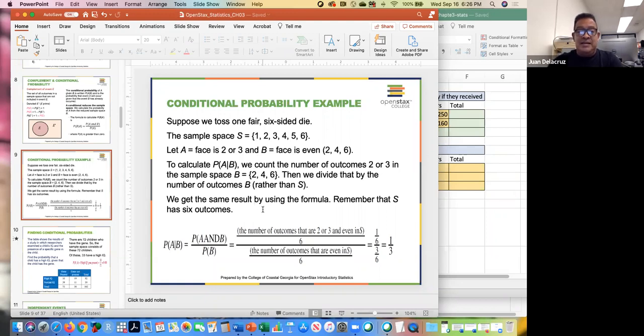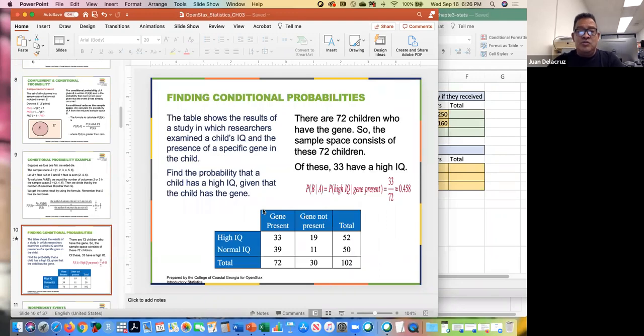We explained that before. We also used a table. So in this case, a 2x2 table, we can expand this, but this is 2 rows, two columns. We can do this with 20 rows, 20 columns, and the effect is going to be exactly the same. So in this case, we were looking at the probability that the child has high IQ, given that he has the gene.